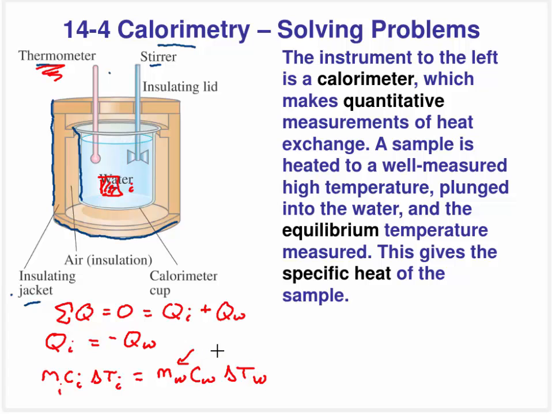So we typically would know the mass, specific heat, and change in temperature of the water. We would also know the change in temperature of the iron. We would know what temperature we initially put it in. At the end of the day, it's going to be in equilibrium with the water, and so the temperature of the iron final is going to be equal to the temperature of the water final. So we know with the temperature change, we know how massive it is, so we could go ahead and calculate the specific heat, in this case of the sample.